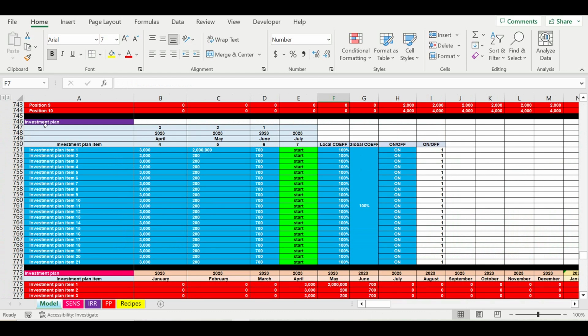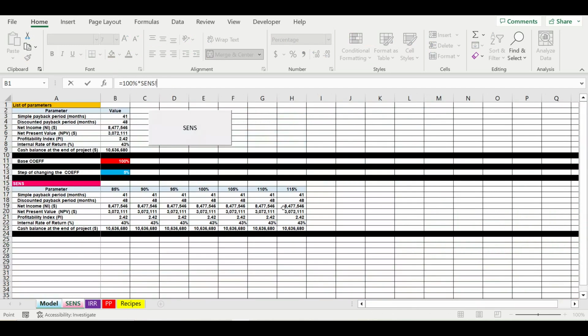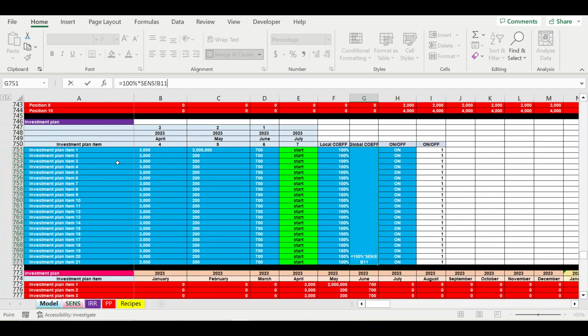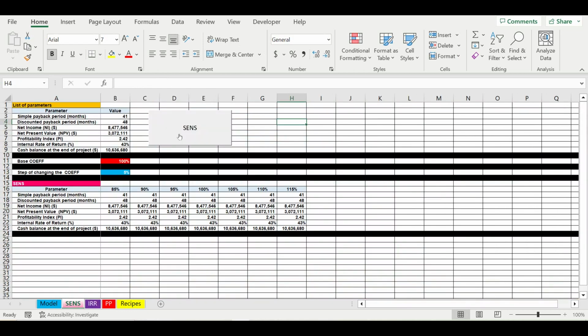They add a sensitivity analysis coefficient to the investment plan, and they press the sense button and see what will happen to their business idea if the amount of investment grows or decreases: what will happen with simple and discounted payback period, net income, net present value. So let's press it.